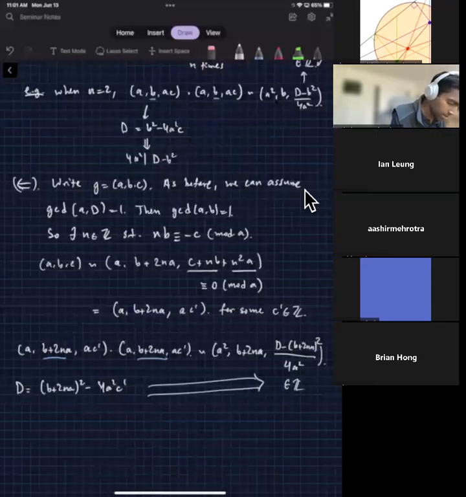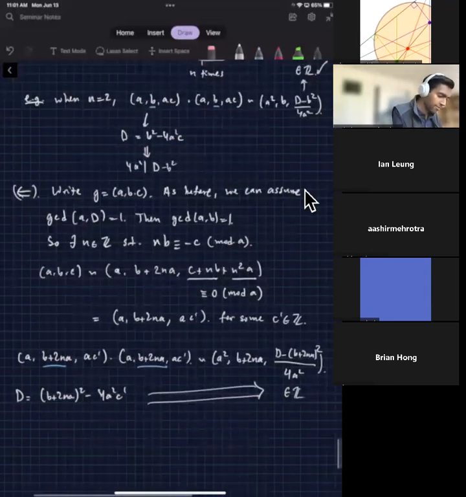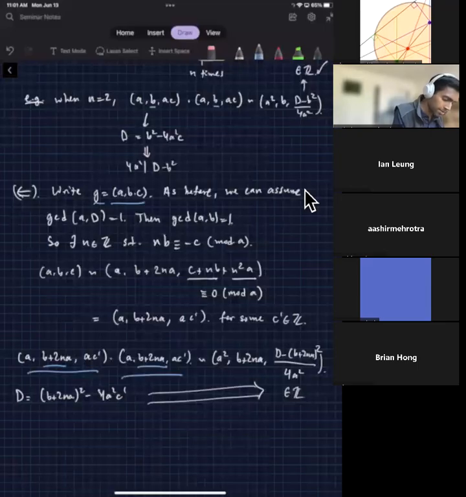Well, this proves that if you take a form G and compose it with itself, then you'll get a form whose first coefficient is a square. And just by doing this inductively, you'll see that composing G with itself n times will give you a form whose first coefficient is an nth power.